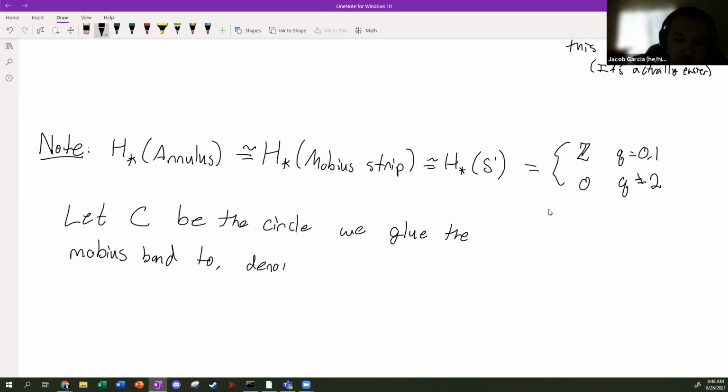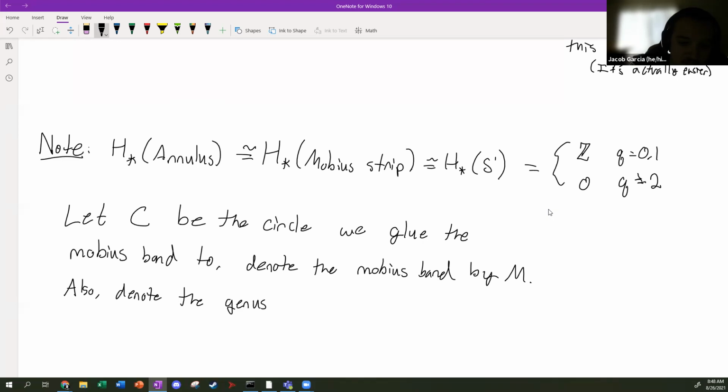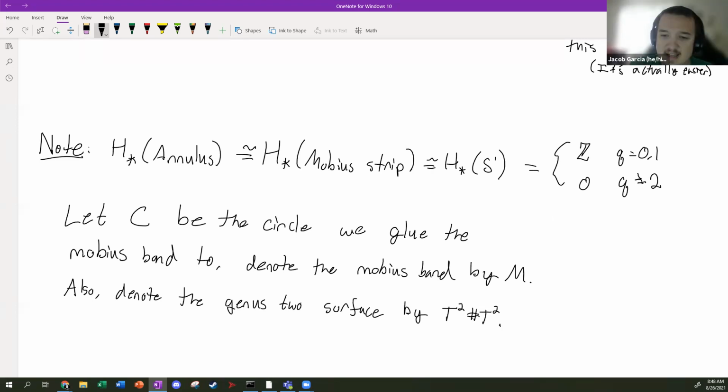And let's denote the Mobius band by capital M. Also, let's denote the genus 2 surface by T2 sum T2. Is everyone familiar with this notation? Have people seen this notation before?